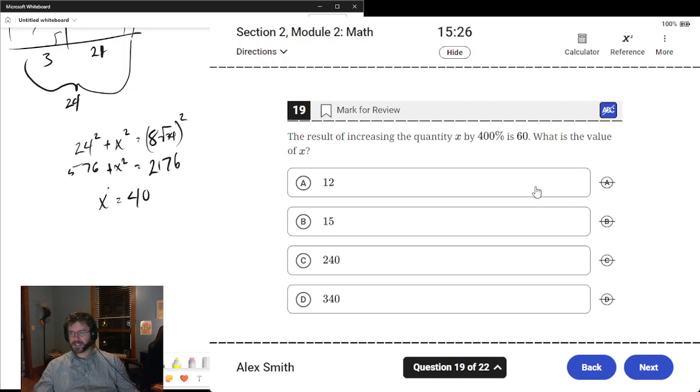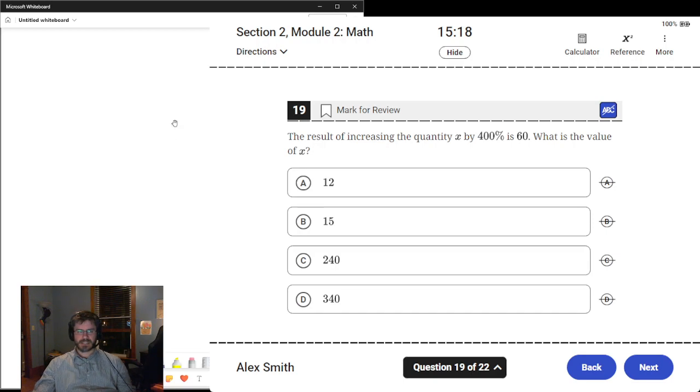Quick clock check. Increasing quantity of X by 400% is 60. Okay, so just checking to see if we understand percents. So X increasing by 400%. So X times 1 plus 4 basically equals 60. So 5X equals 60.